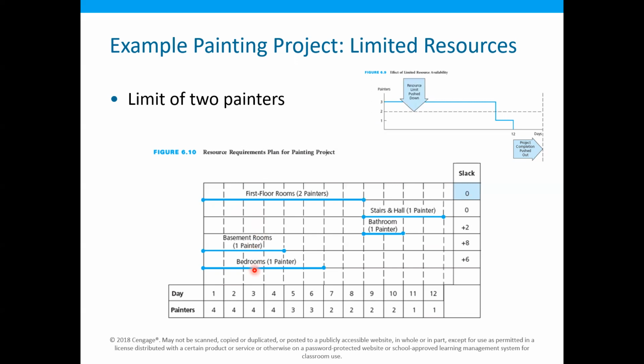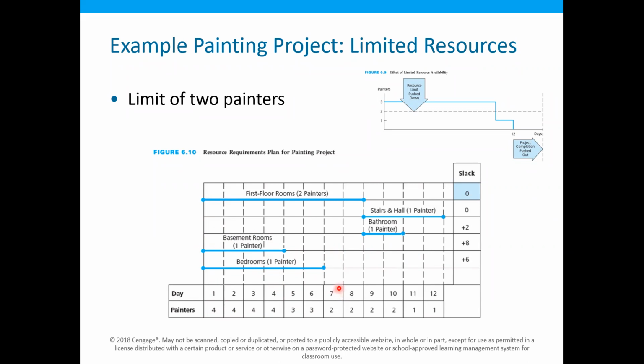So what we can do is start the first floor room task, and then delay these two tasks. In this way we can utilize the two painters. So instead of showing these tasks here, maybe we can delay them to start later. Okay, so in this case, that 4 will become 2, like that.